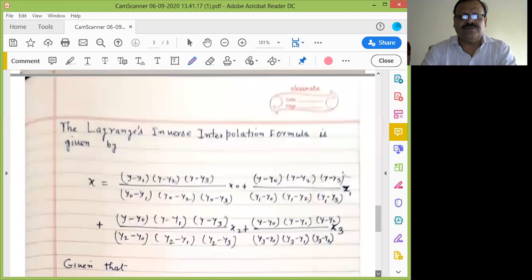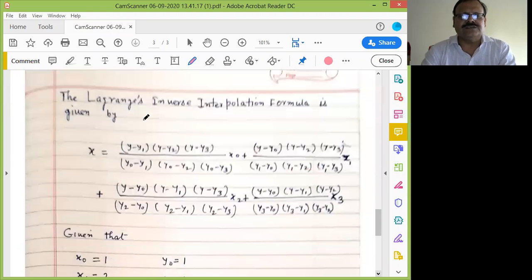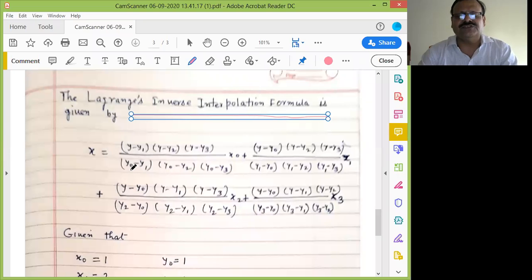Okay, look here at the formula, the Lagrange inverse interpolation formula. The only difference is that here y naught has become x naught, y has become x, and x naught has become y naught. So the formula is simply interchanged.